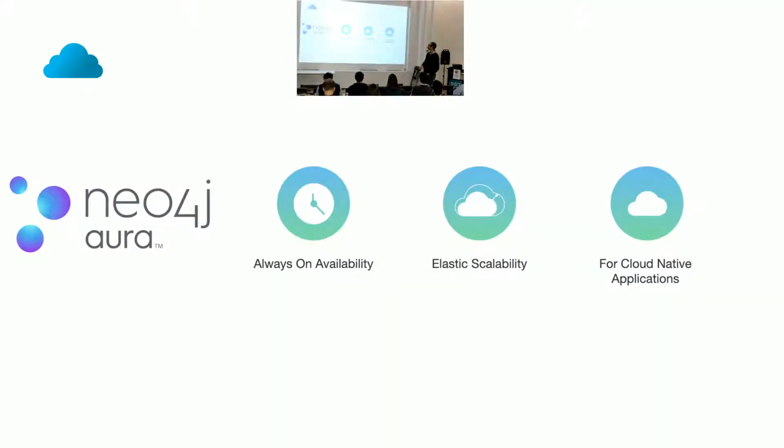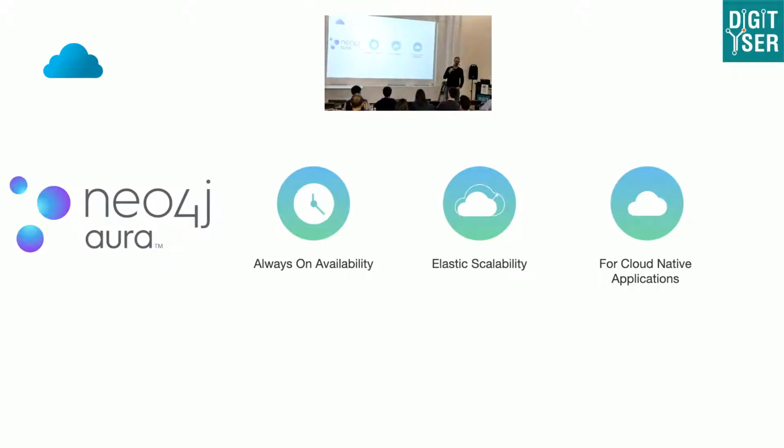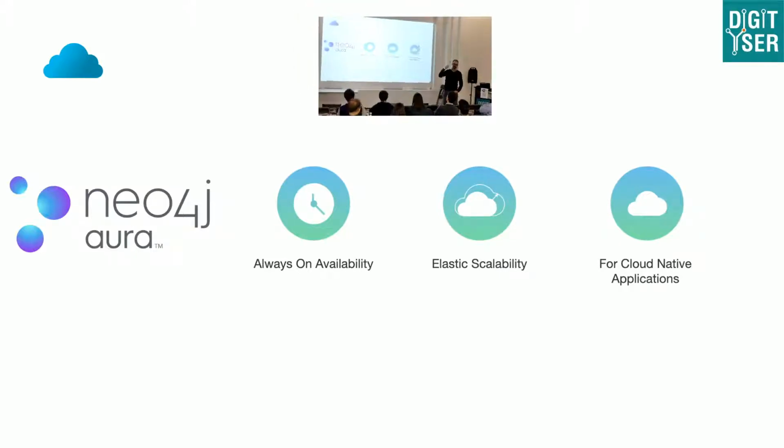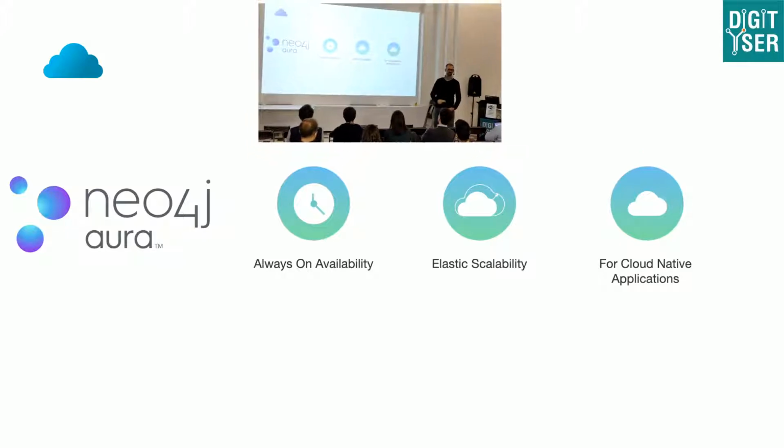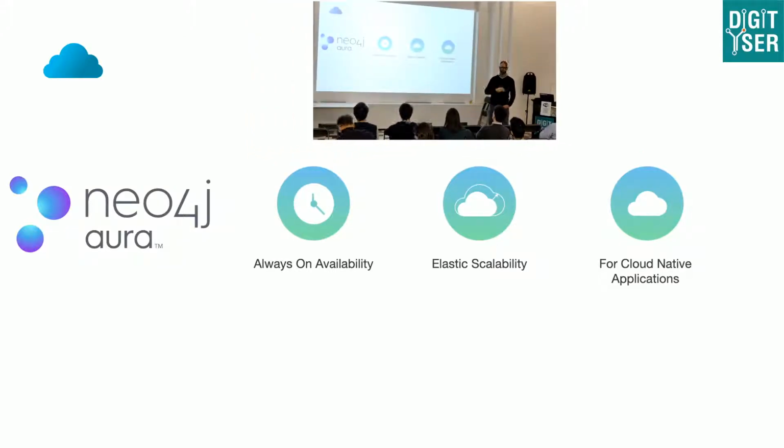Neo4j Aura is what we provide as a database as a service. So you just register for Neo4j Aura, and depending on your requirements, you set the size of the instance that you want. Then you register your credit card, and you're billed only for the use that you have of the database.